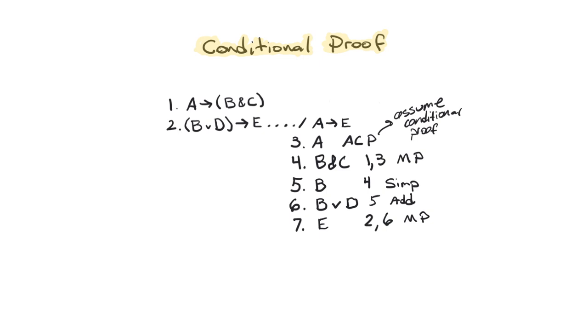So now we discharge the conditional part of the proof, and we slide it back underneath the main line numbers, and we show that we've proven if A, then E, and that conclusion is justified using lines 3 through 7, conditional proof.